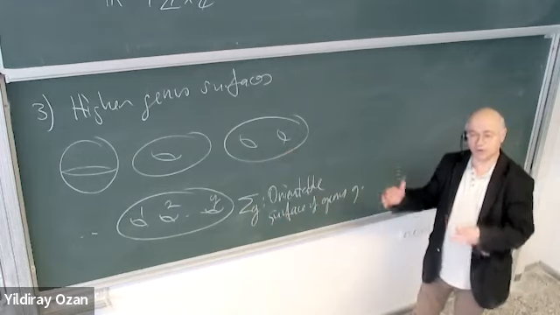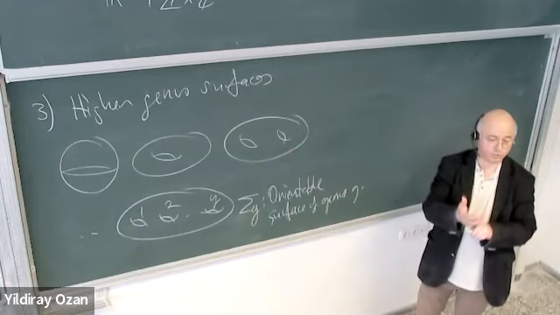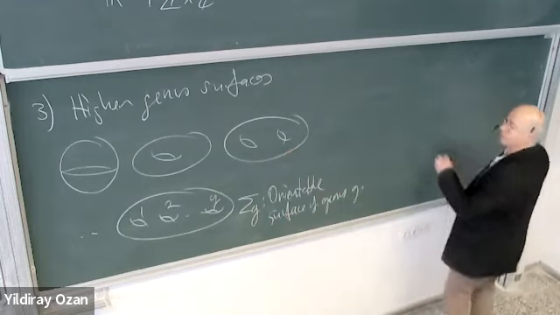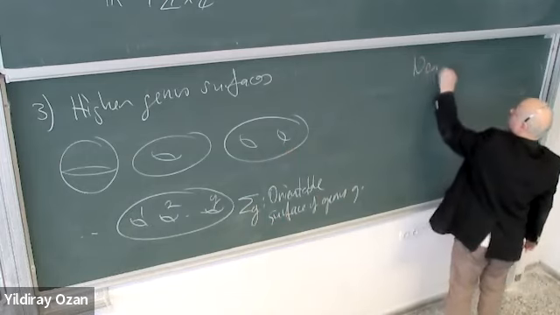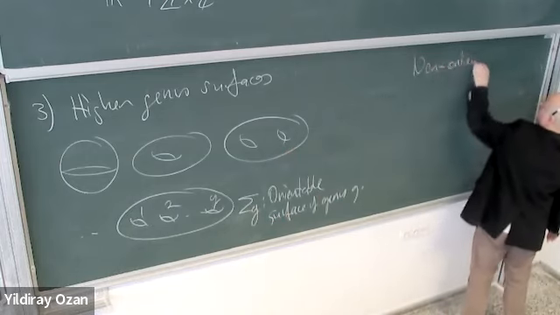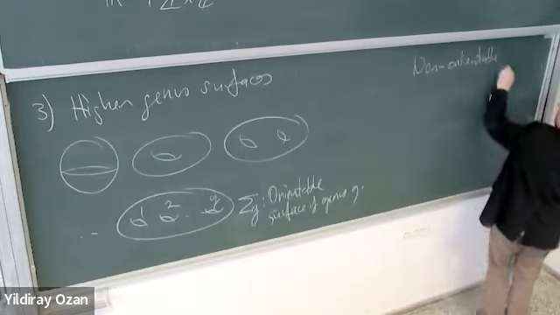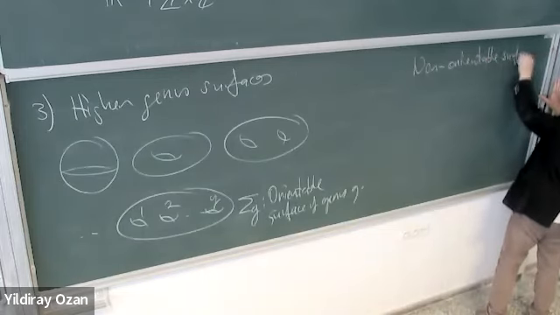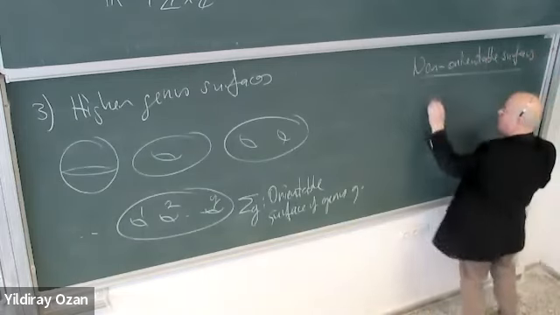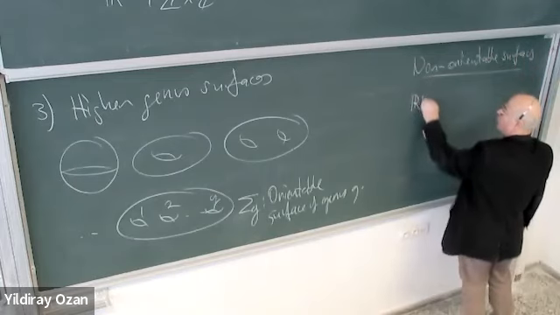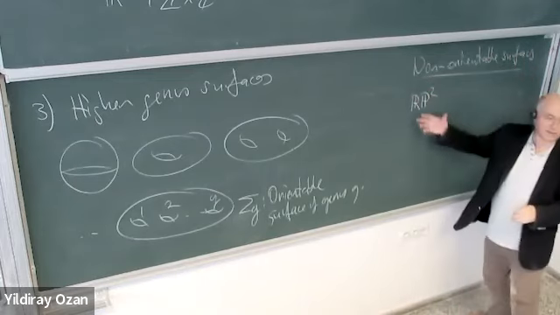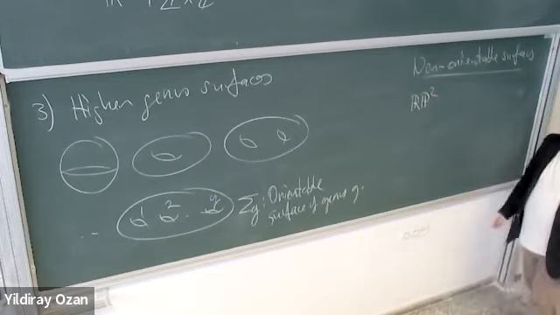And then we have non-orientable ones like RP2, Klein bottle, so non-orientable surfaces. RP2, I cannot draw its picture.